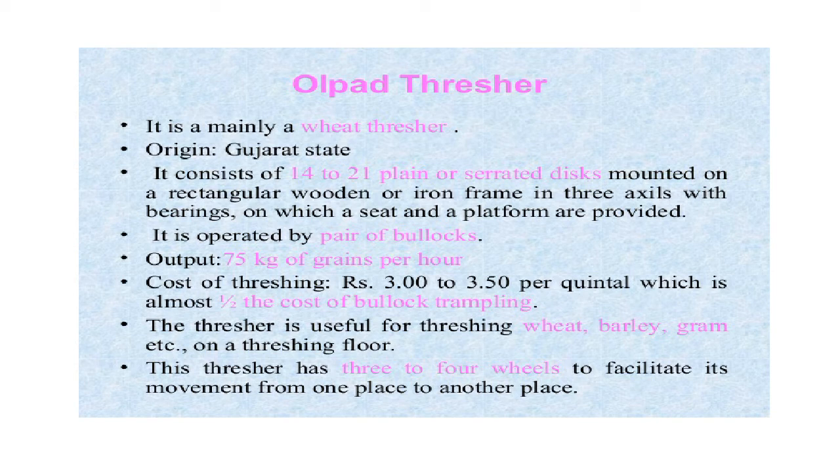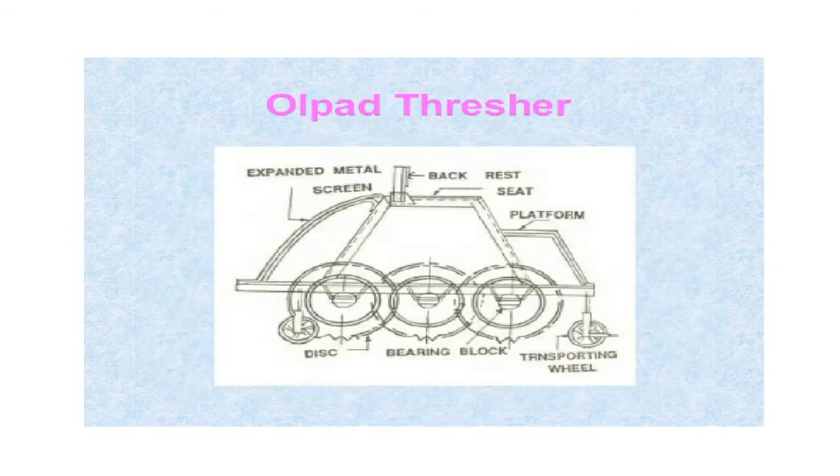The cost of threshing is about 3 to 3.5 per quintal, which is almost one half the cost of bullock trampling. The thresher is useful for threshing wheat, barley, and grams on the threshing floor. This type of thresher has 3 to 4 wheels to facilitate its movement from one place to another.